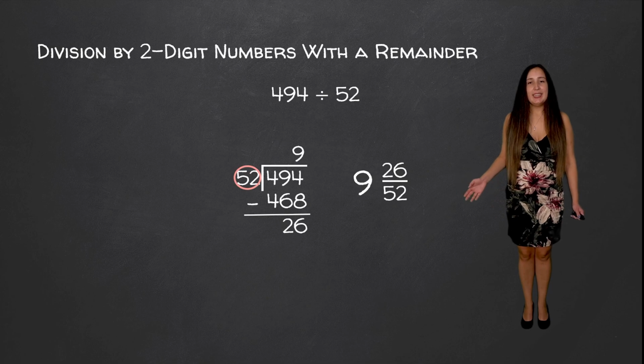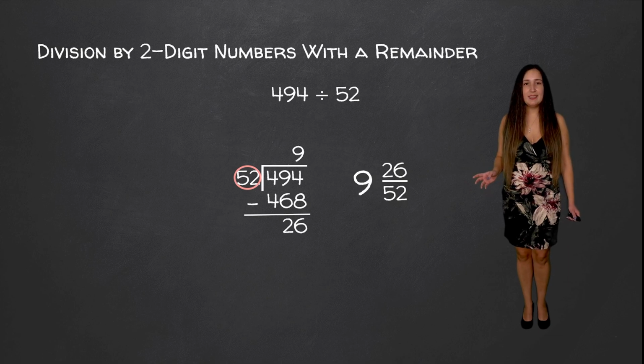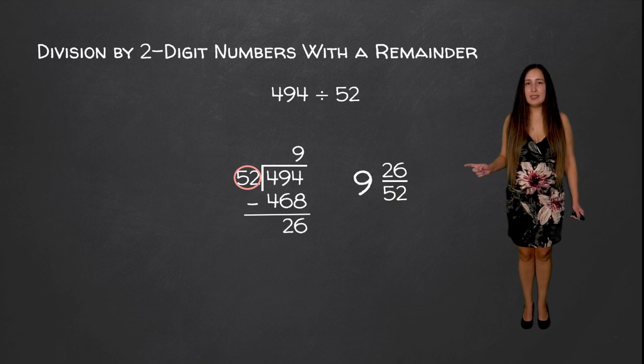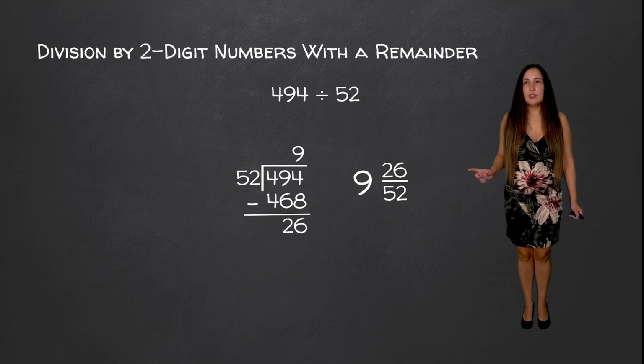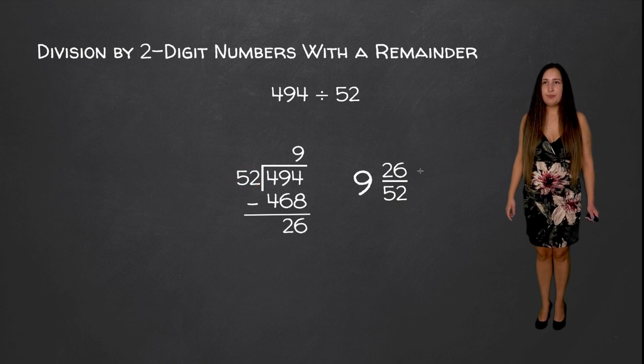And so now that we're done here, first we're going to see if we could simplify. And in this case, we can. And that's because 26 goes into 26 and 52. So we're going to take our numerator and divide it by 26. And whatever we do to our numerator, we also have to do to our denominator.